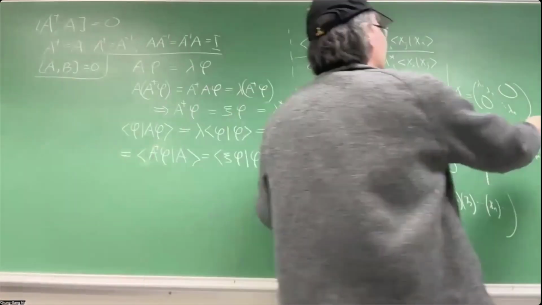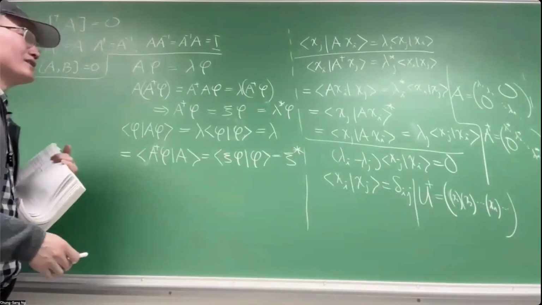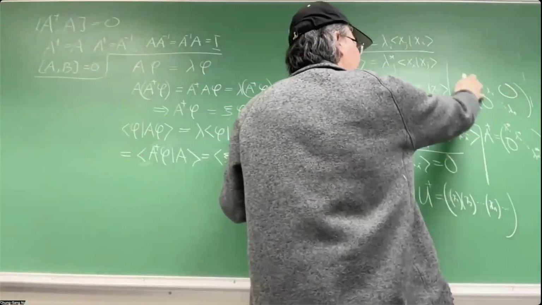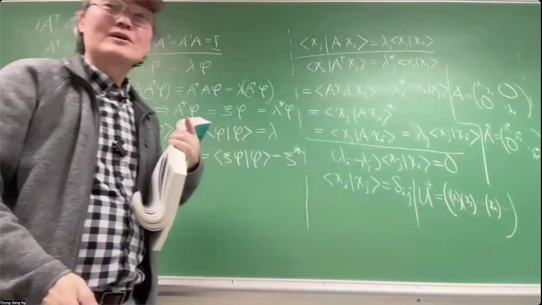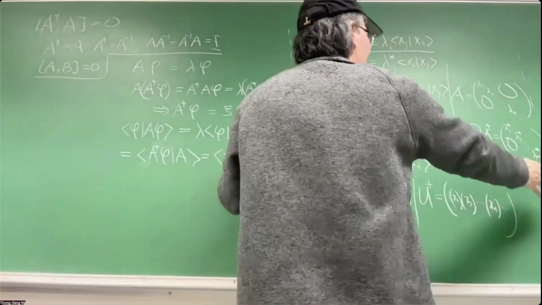That is similar to the Hermitian matrix result, but the difference is that the diagonal values are not the same for the two operators. They are complex conjugates of each other.